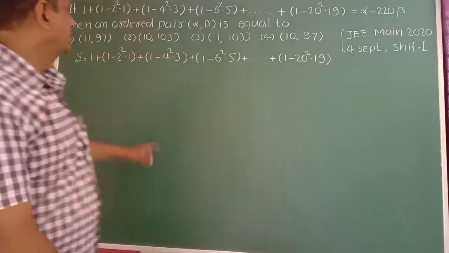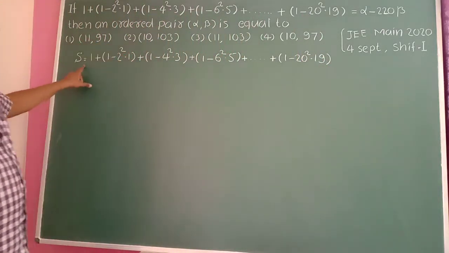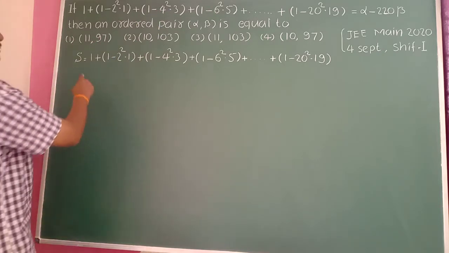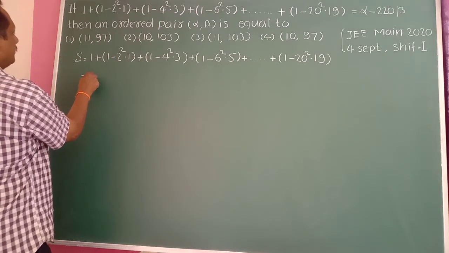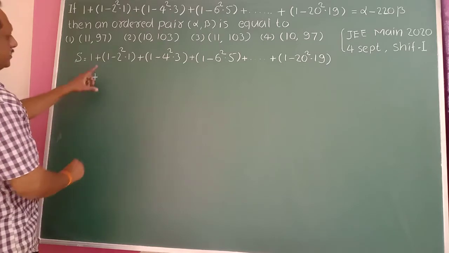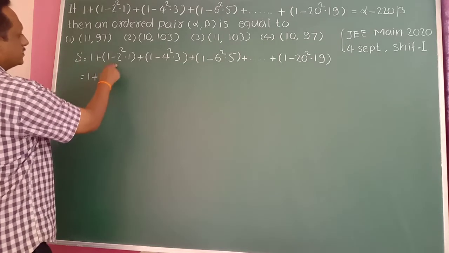Take this sum as S. Then this is equal to 1 plus, and here we can take a summation of total. These are 10 terms here.